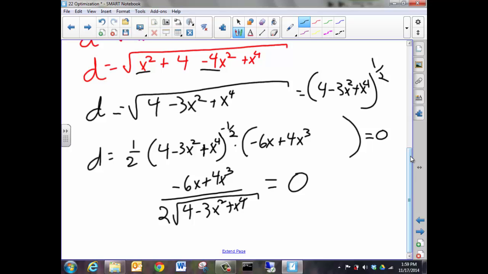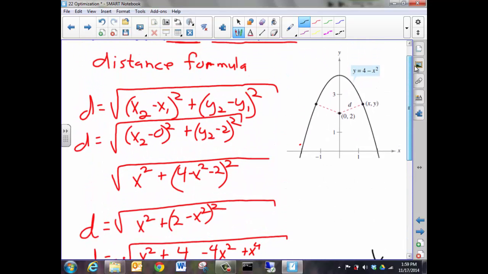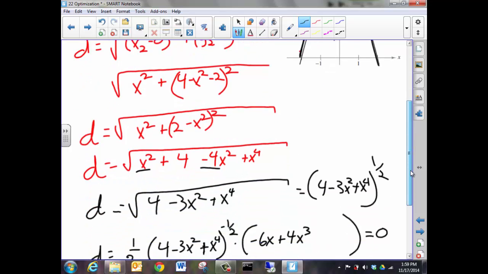Where are the two points that we have? One of them's right here, and one of them is on this curve right in here. Is that distance ever going to be equal to 0? No. How do you know that? Because they never intersect. So that distance is never going to be 0.